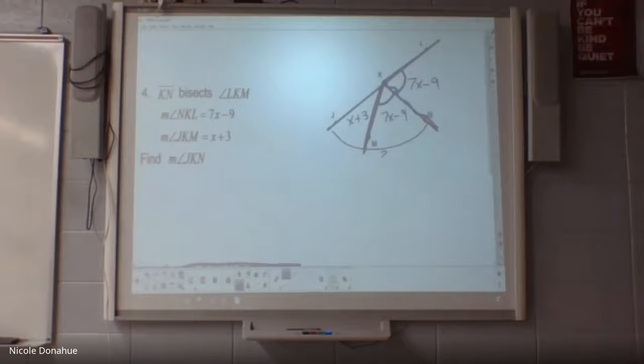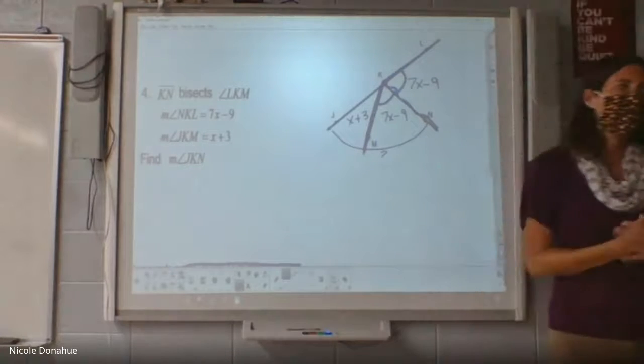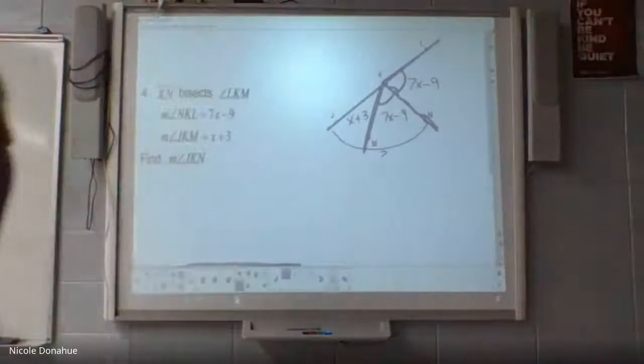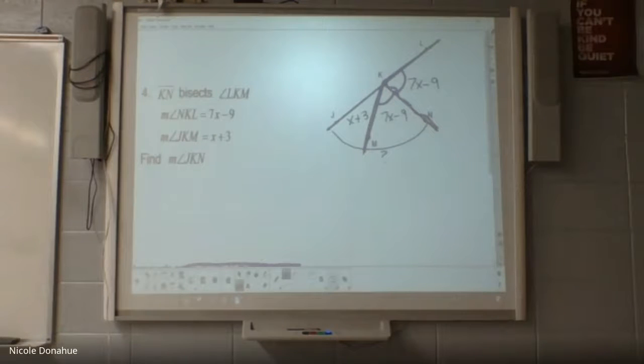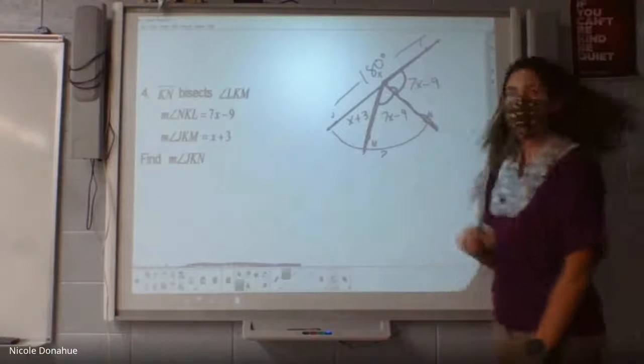But where do I go from there? Because if I just say that these two are the same and I set them equal, that's not gonna tell me anything. Anyone see what we can use here that we haven't used yet? There's a really big thing that's going on here that we can assume. Yeah, how do we know about the 180? It's a straight line, you guys. This whole thing together is 180 degrees all the way across.